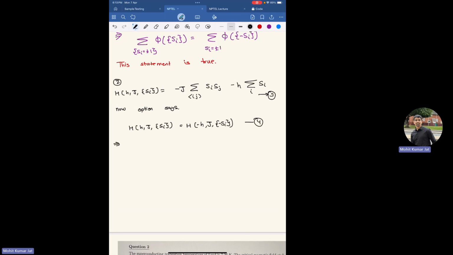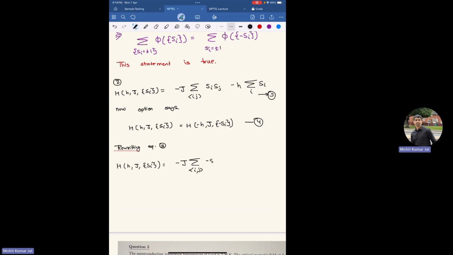This implies, comparing 3 and 4, let's say modifying equation 3, rewriting equation number 3. H of h, J, Si's equals minus J summation over ij.